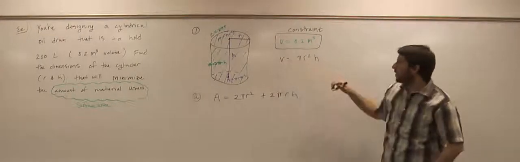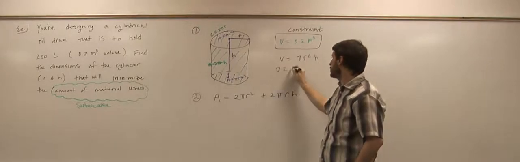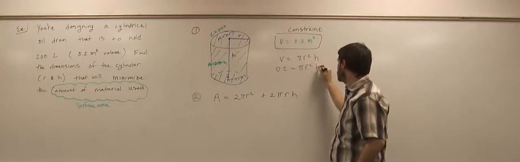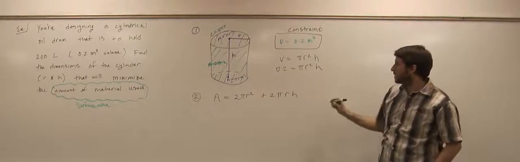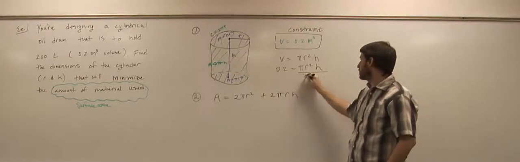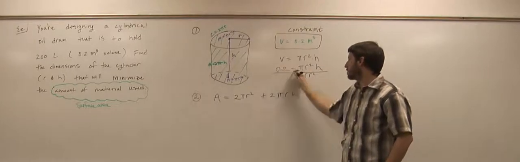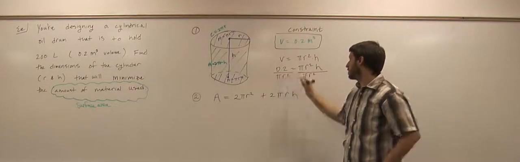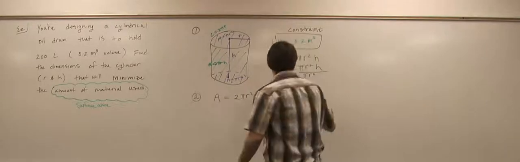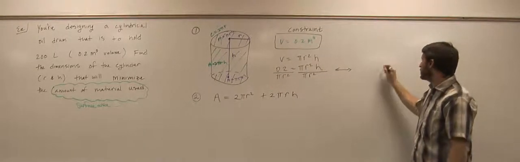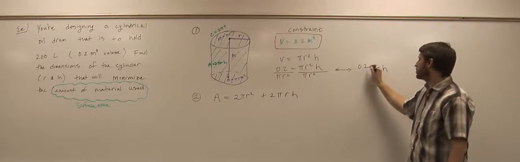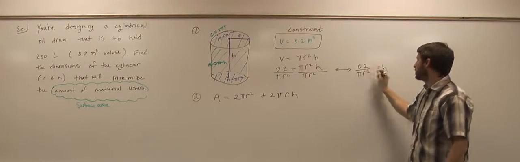But I know my volume has to be 0.2. So I can actually isolate h by dividing by pi r squared. So my constraint tells me that h is equal to 0.2 over pi r squared.